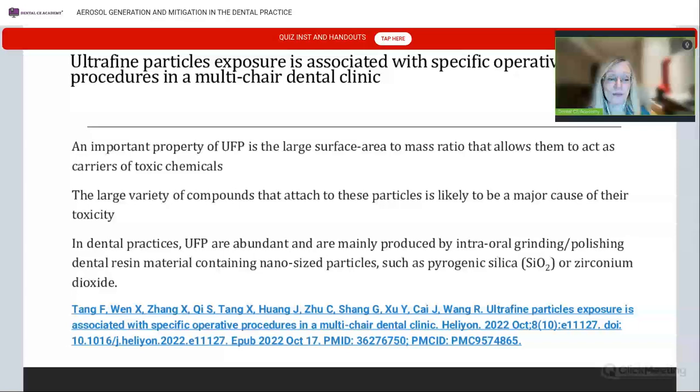So a large variety of compounds attach to these particles, likely a major cause of their toxicity. In dental practices, ultrafine particles are abundant and are mainly produced by intraoral grinding, polishing, and dental resin material containing nano-sized particles, such as pyrogenic silica and zirconium dioxide.